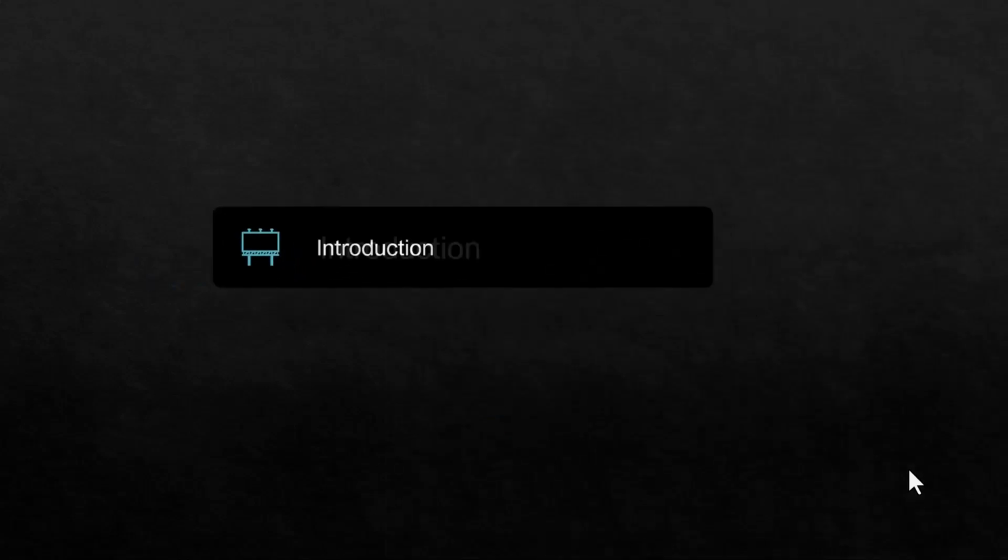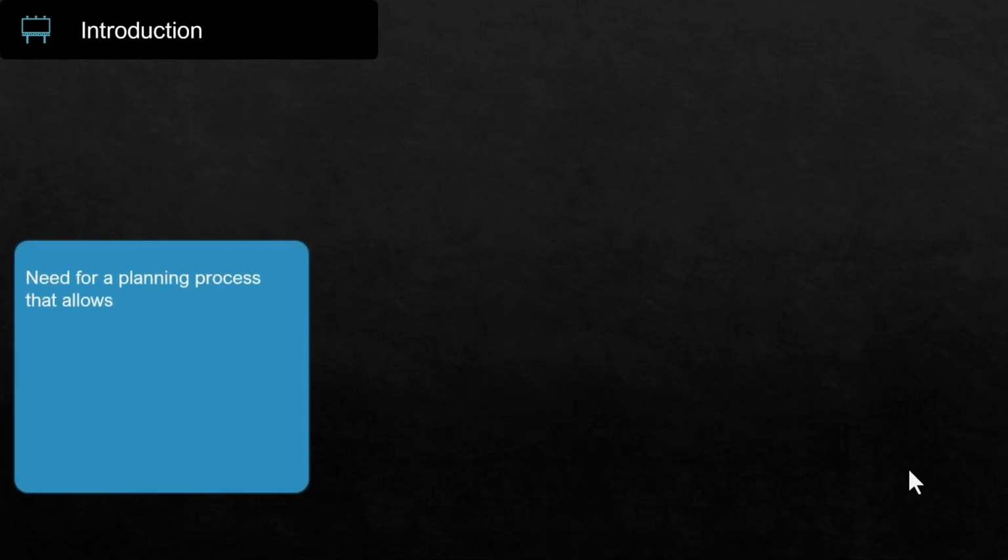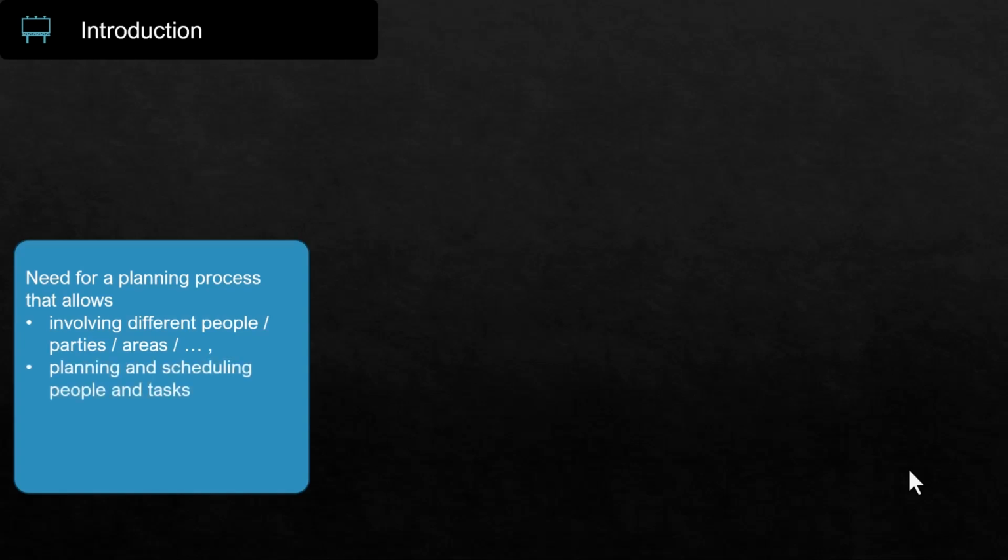So first, the introduction. If we start talking about financial planning and maybe forecasting, then we need a financial planning process that involves, of course, different people, different parties, areas, cost centers, departments, and so on. We usually also need something where we can follow up things.